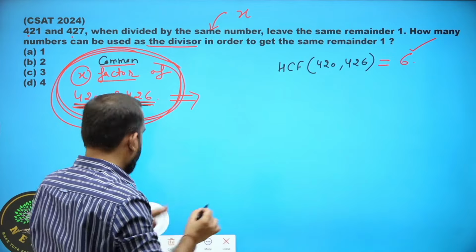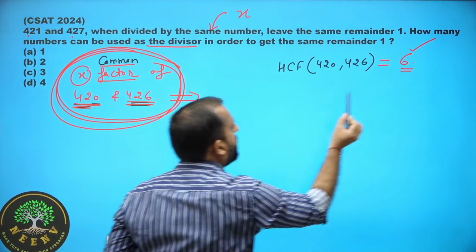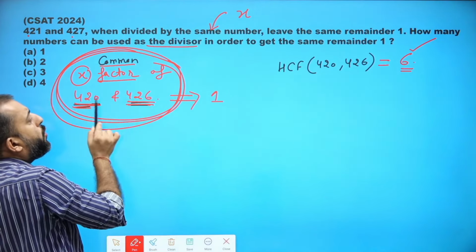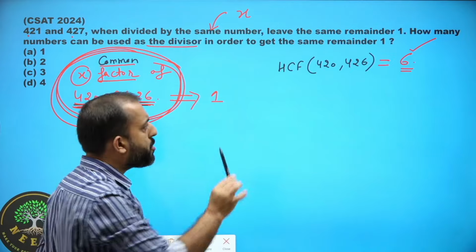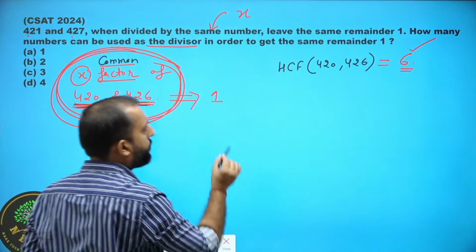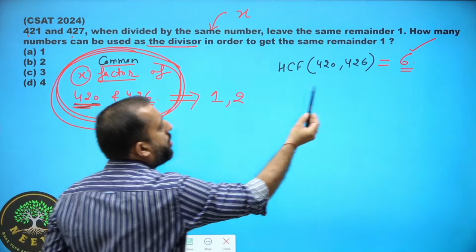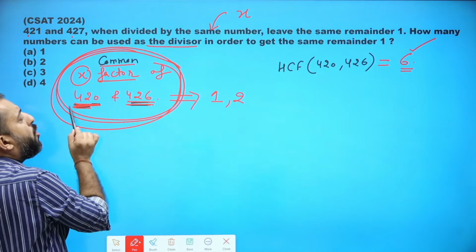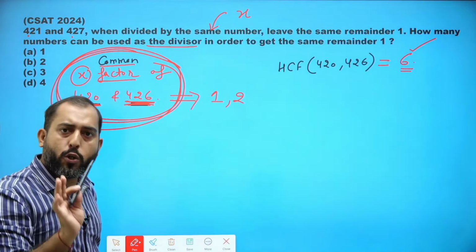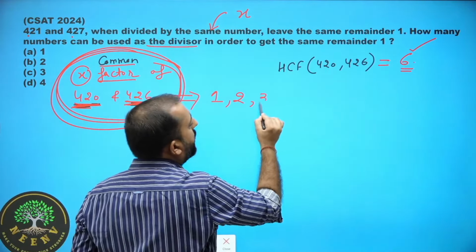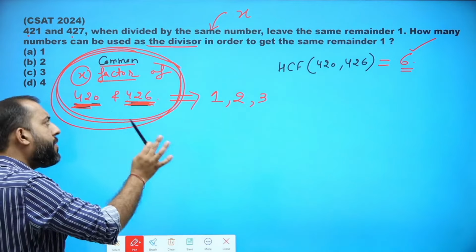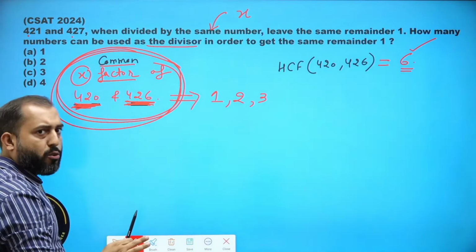See, the highest common factor is 6. So 1 will be a common factor of 420 and 426 for sure, because 1 will divide 6 completely. Now 2 also, because 2 will divide 6 completely, so 2 will be a common factor of 420 and 426 for sure. Next is 3. 3 will divide this highest common factor 6 completely, so definitely 3 will be their common factor also.